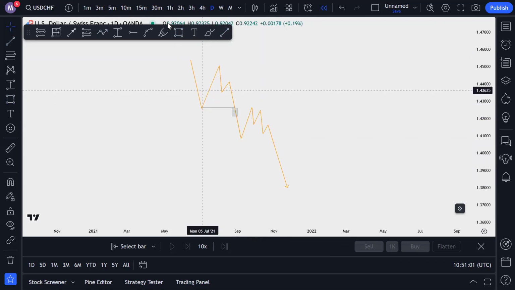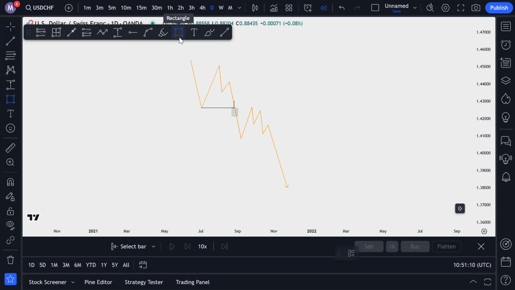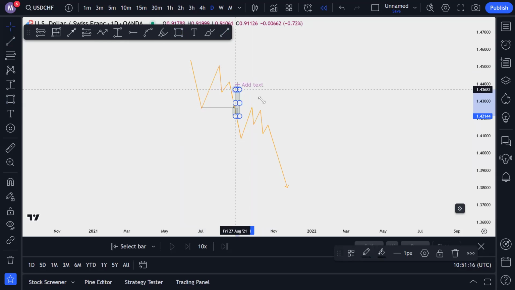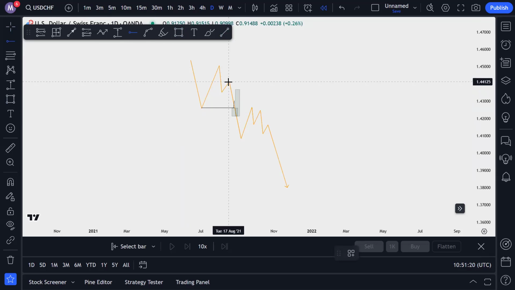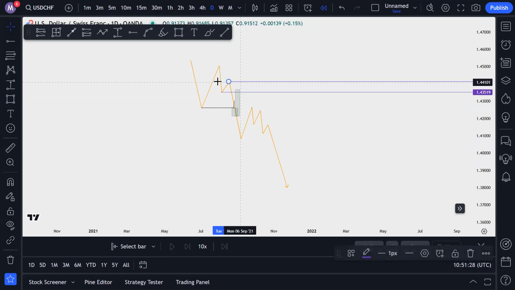You know now the sellers are strong, so price is going to come and retest the area that has the high that participated in the break. This is the high that participated in the break.